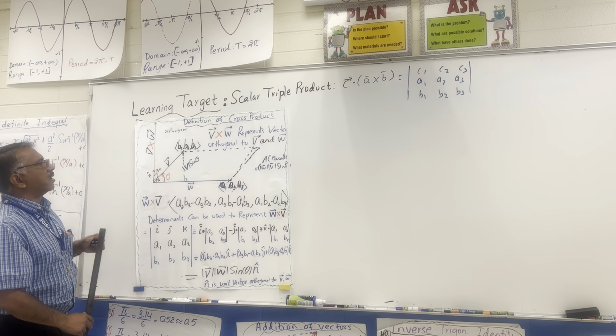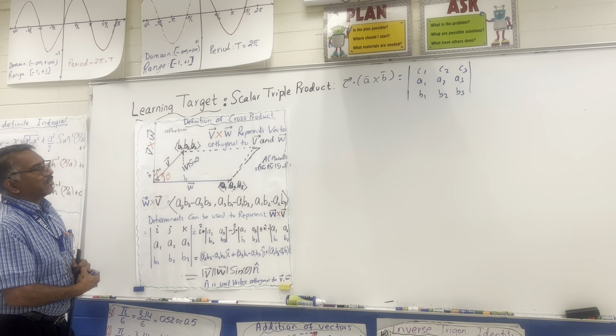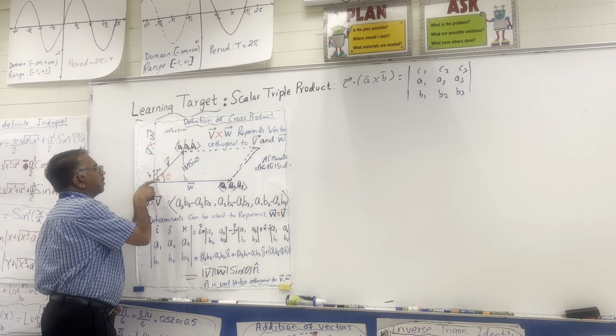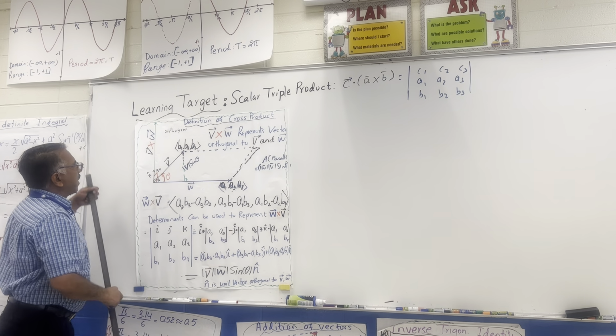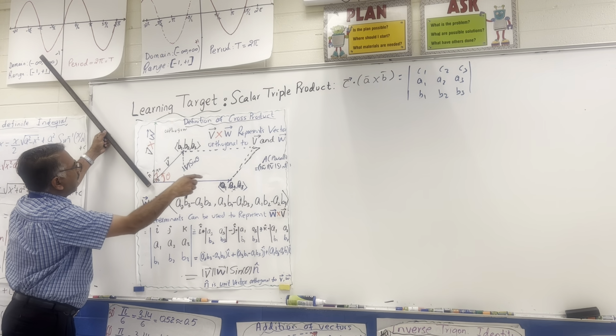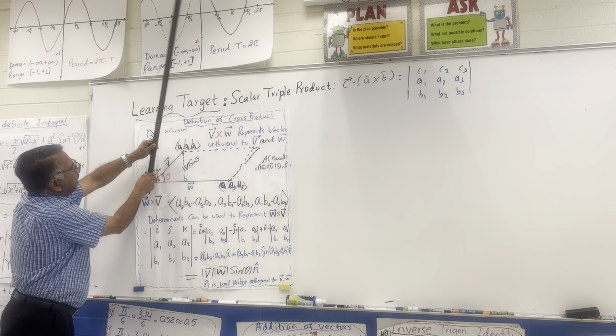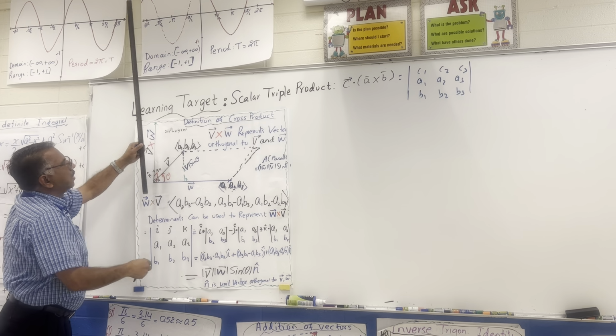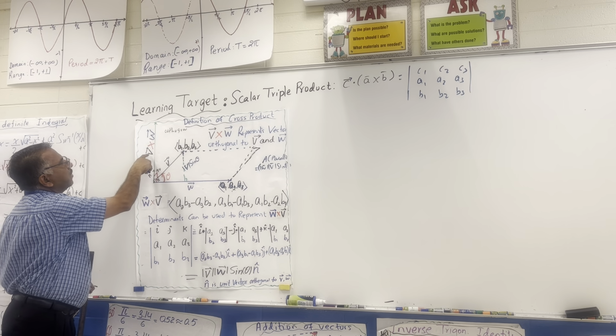We could have had a vector in any direction with the same magnitude, it could be this way also, but I'm taking the one that is perpendicular to both the black and the blue, and I call this V cross W.